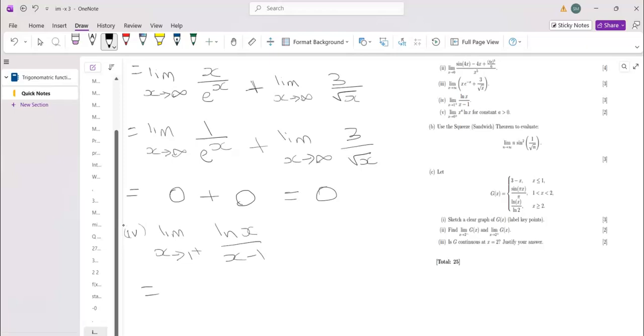Approaching from the positive side. So we're basically going to have 0 over 0. So this gives us an indeterminate form. Therefore, we can apply L'Hospital's rule to find our limit.